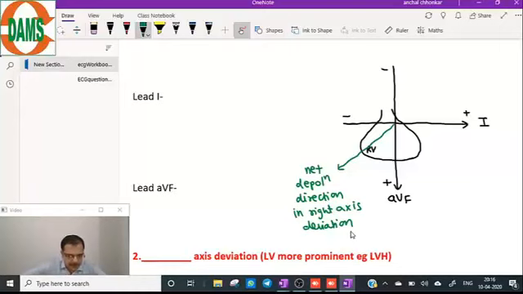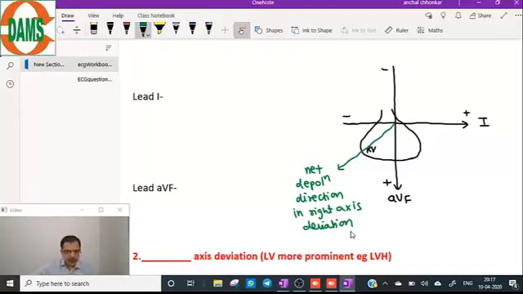You can see the right ventricle is prominent because of the right ventricle hypertrophy. So the net depolarization direction, look at the green colored arrow. This is the net depolarization direction in right axis deviation.